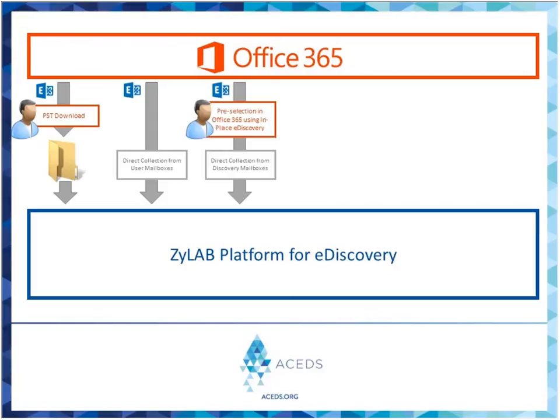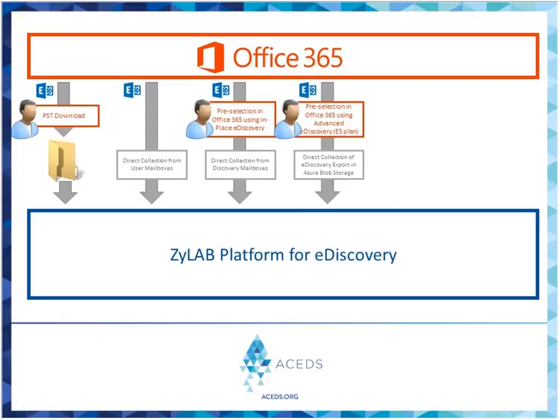Of course, you can also do a pre-selection in Office 365 using the in-place eDiscovery, and then we directly collect from those discovery mailboxes. Or, as Rachi just said, you can use the most advanced eDiscovery functionality in Office 365, including machine learning and predictive coding, and then use that selection and load it into the ZyLAB platform.